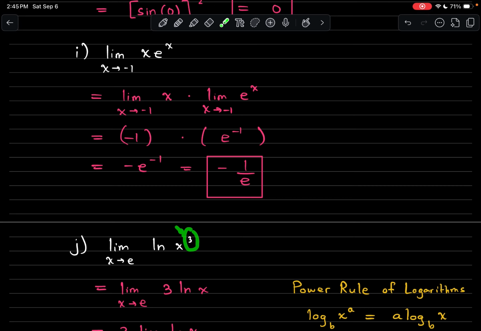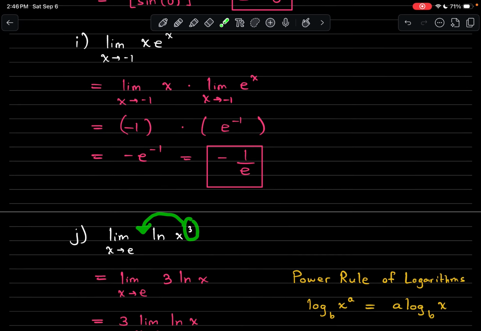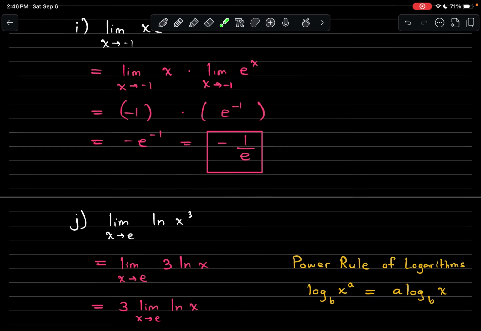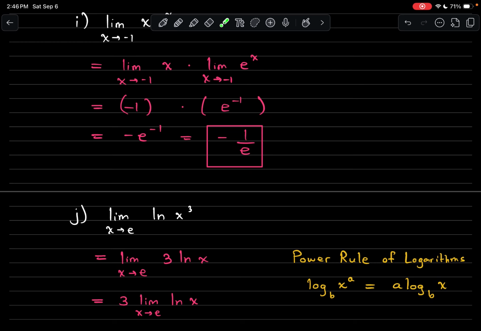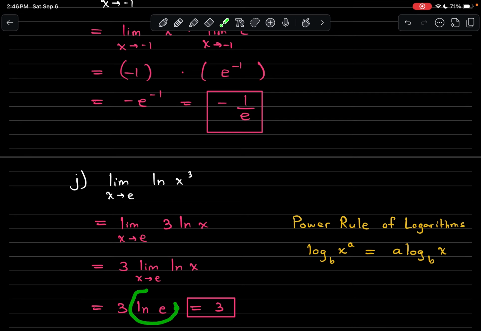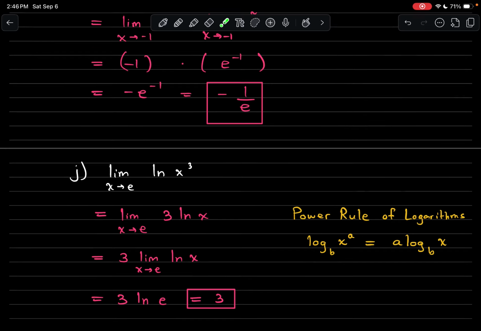So that's exactly what we're going to do here. That 3 is just going to come out front as a multiple. And then once I have that multiple there, I can actually just take it entirely out of the limit. So I have 3 times the limit as x approaches e of ln of x. We use direct substitution. Ln and e are inverse functions. They just come out to 1. 3 times 1 is going to be 3.